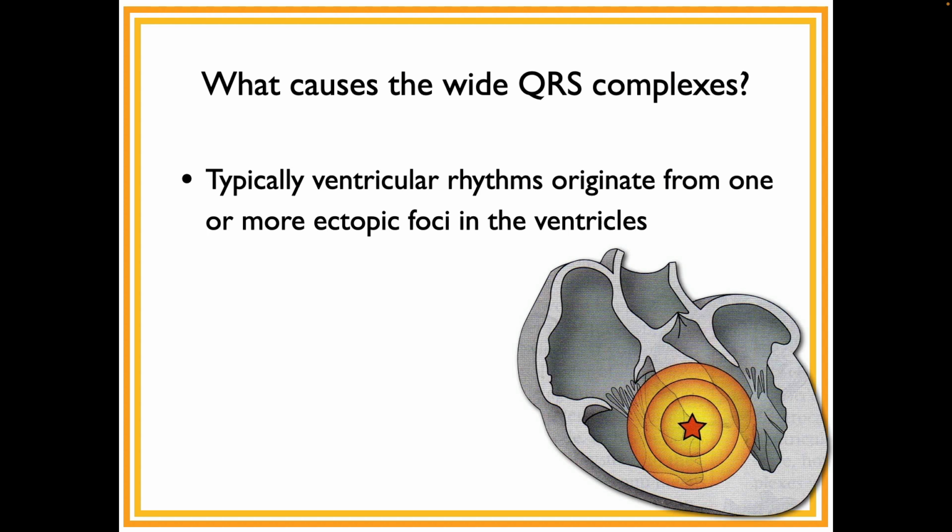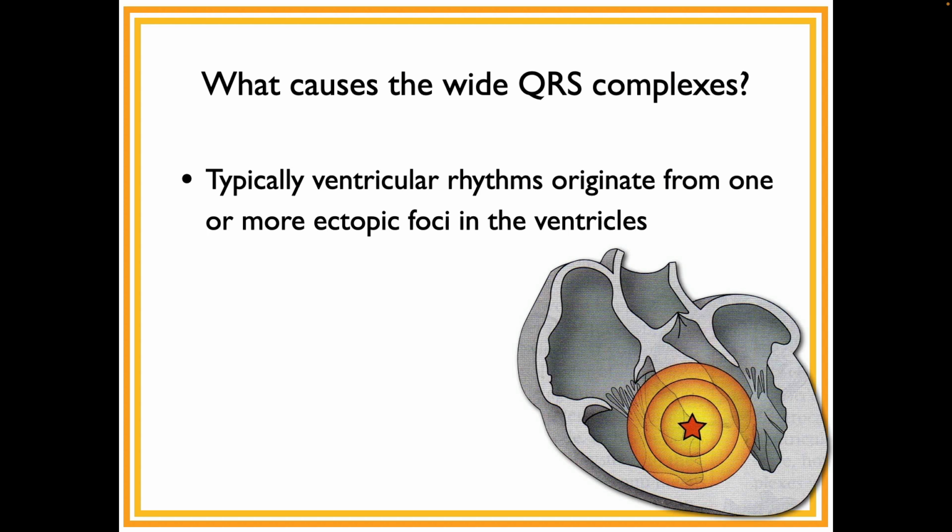And foci is the plural of focus. Focus is another word for pacemaker. It's a phrase we're going to use over and over, so you need to know it. Ectopic focus is a misplaced pacemaker. Anything outside of the sinus node is considered an ectopic focus, a misplaced pacemaker.